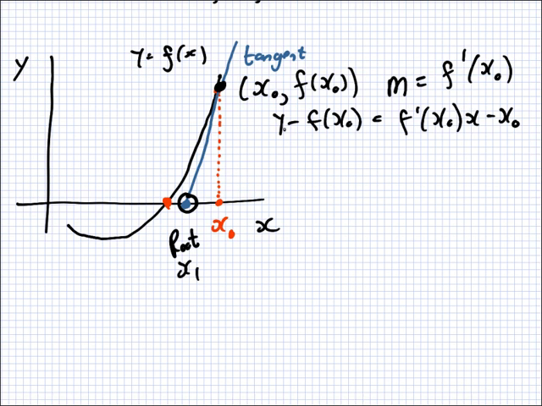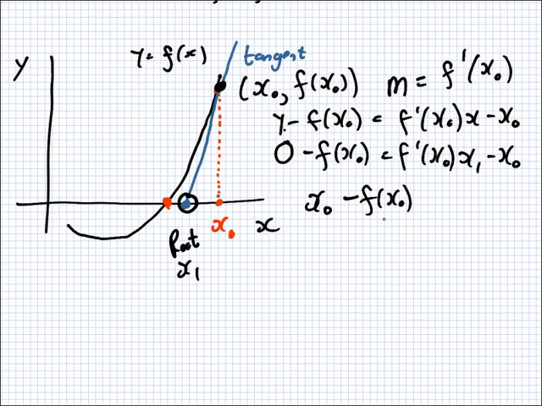We need to make y 0 to find this point. So we have 0 minus f(x0) equals f'(x0) times (x1 minus x0). So you can get x0 minus f(x0) over f'(x0), that's equal to x1.